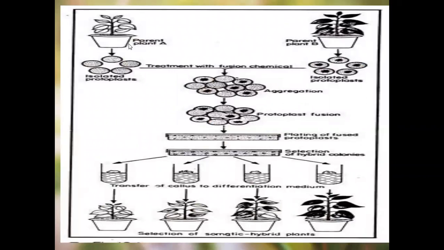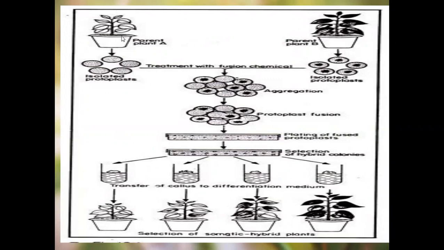We select two parental plants in somatic hybridization. From these two selected plants, desired characters are present. What are the desired characters present in the selected parental plants?